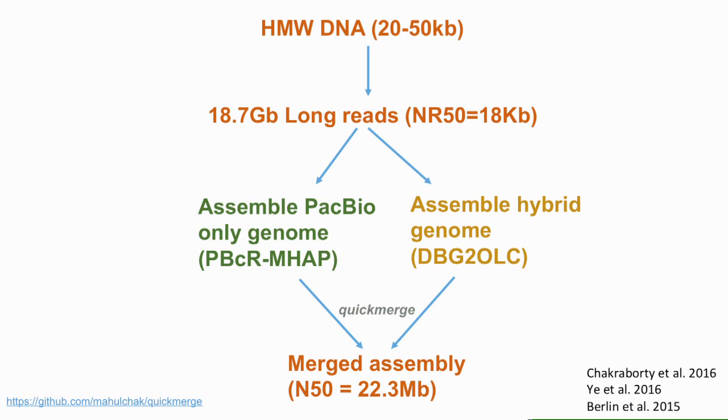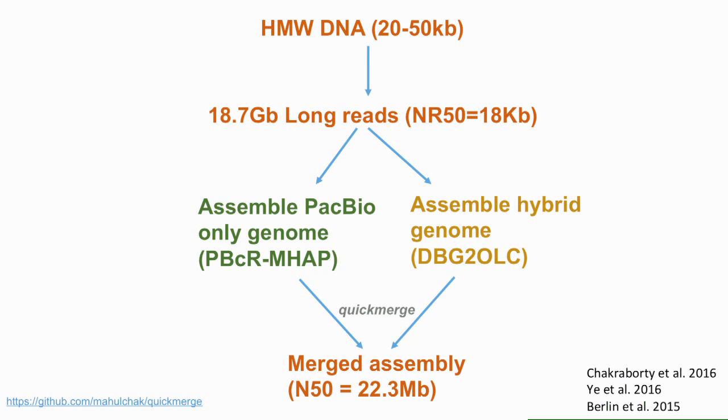One is with PacBio-only molecules using PBcR-MHAP, and then another with PacBio and paired-end Illumina reads using DBG2OLC. Then we used a meta-assembly algorithm that I developed to merge these two assemblies to create a final assembly with a 22.3 megabase N50. If you are doing PacBio assemblies and want to use my program, it's available freely on GitHub.